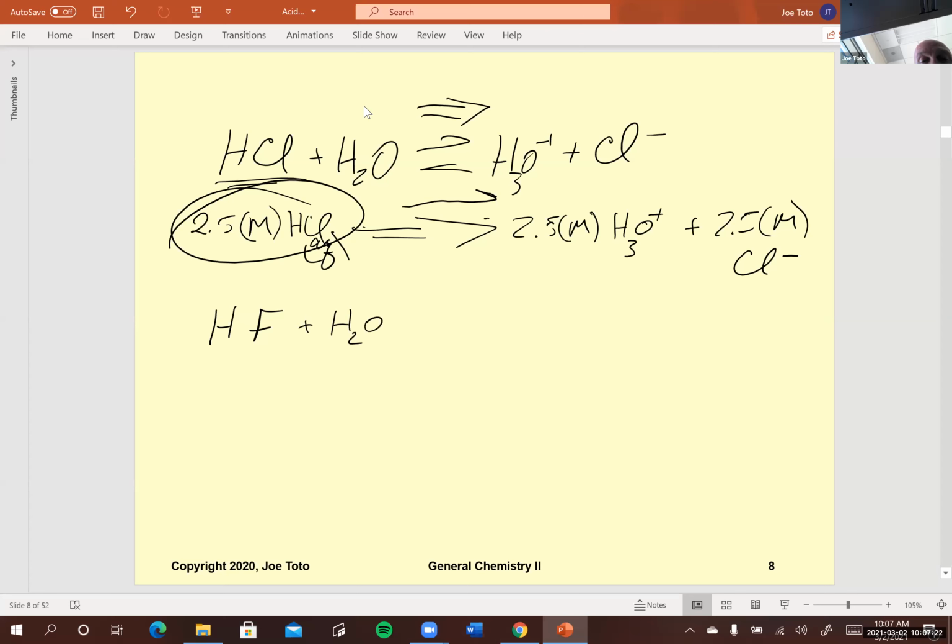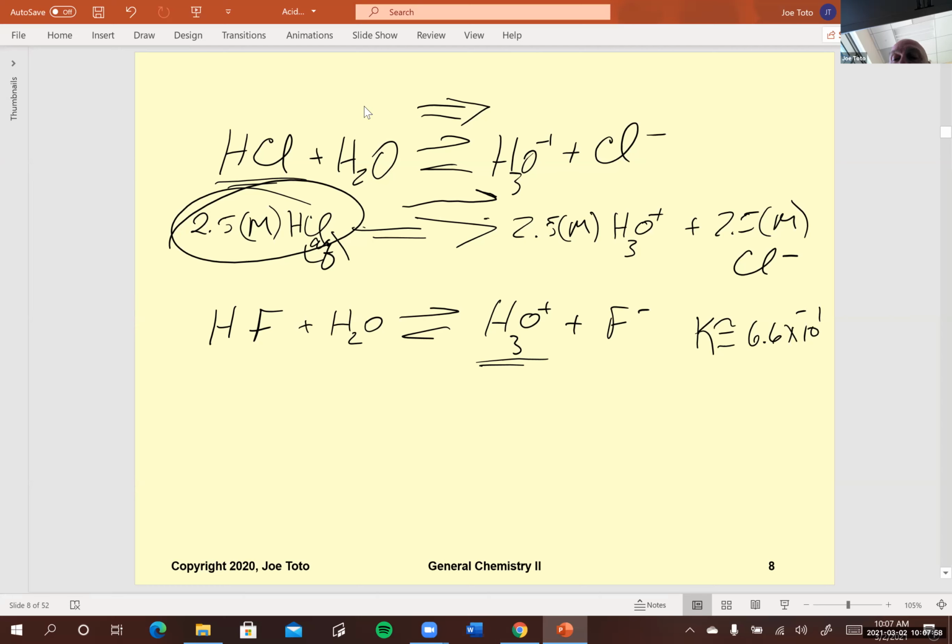Now, HF is going to form an equilibrium with its ions. And I know that for 2.5 molar HF, I'm going to have mostly 2.5 molar HF left and relatively little H3O plus. How do I know that? I know the equilibrium constant for this is around 6.6 times 10 to the minus fourth.